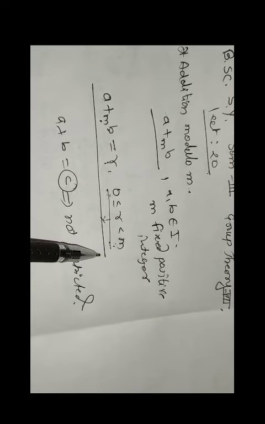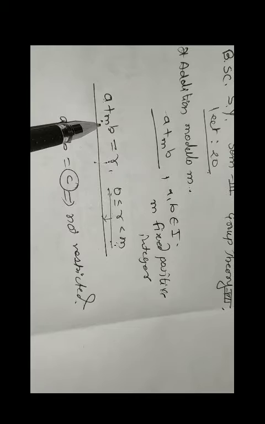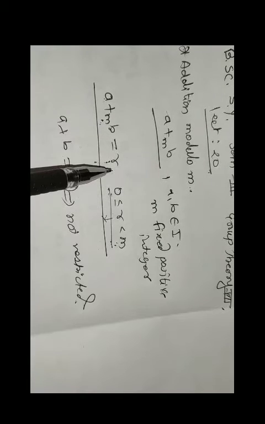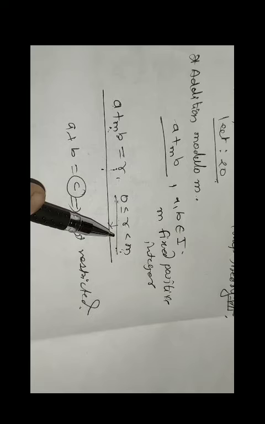And what is its speciality? The speciality of this addition is a restriction on a plus b, from 0 to m, and this restriction depends upon the modulus m. So here r is the least non-negative remainder when the ordinary sum of a plus b is divided by m.